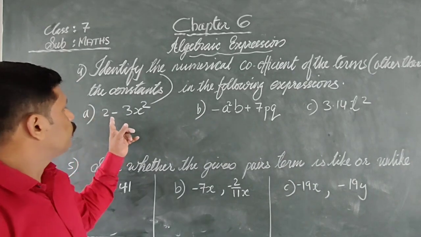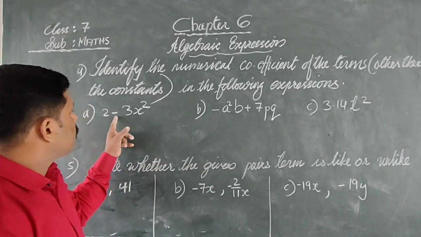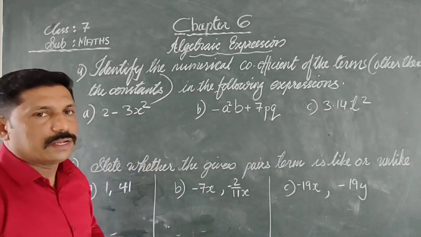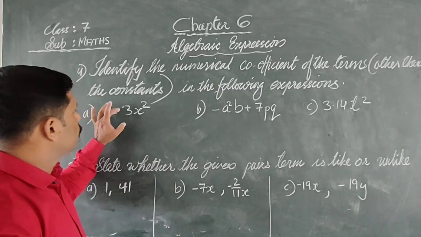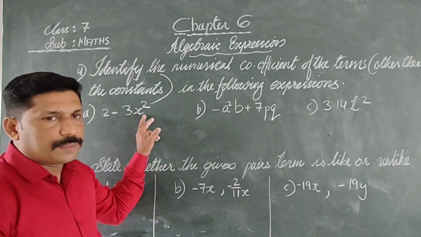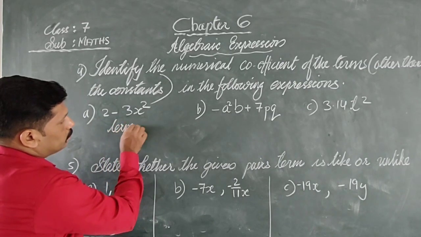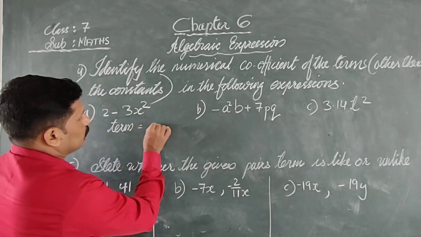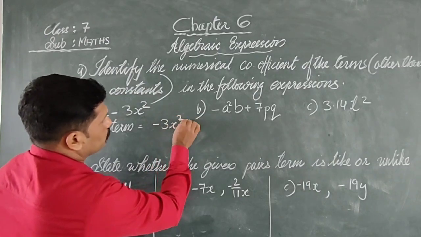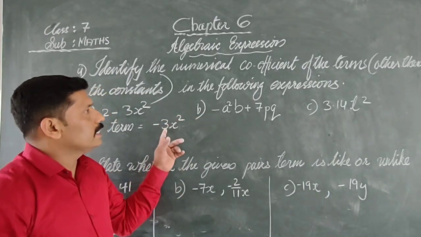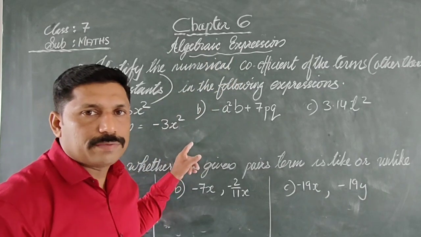So see the first expression, 2 minus 3x square. Here we do not consider the constant, and the other term is negative 3x square.